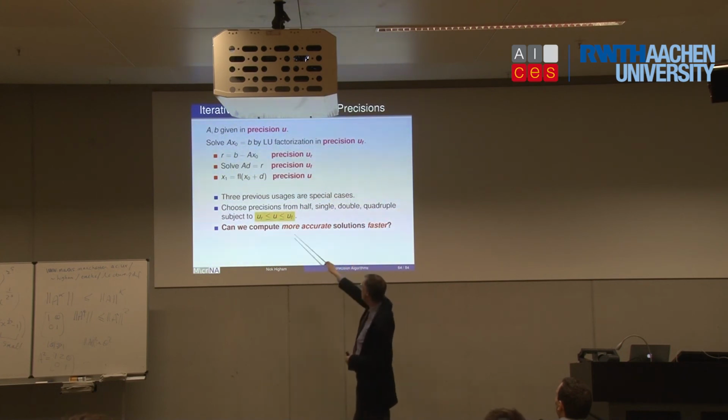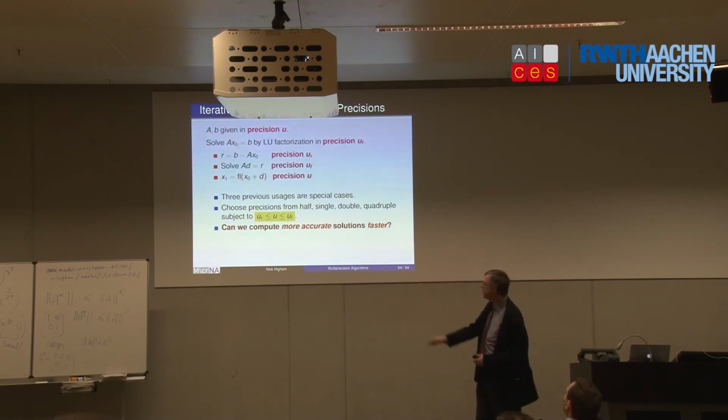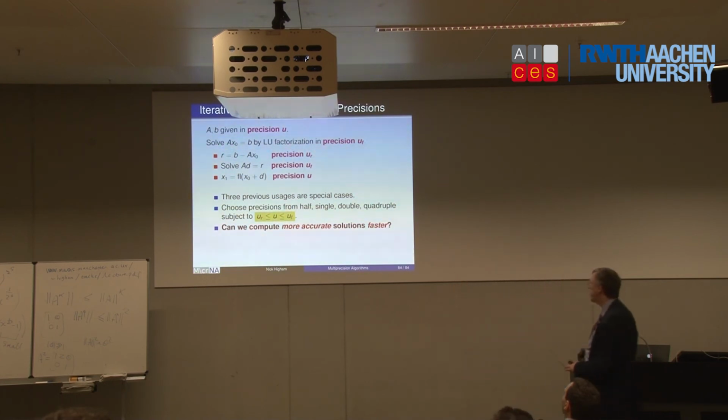And u_r is the precision at which I compute the residuals. So 3 different precisions satisfying that inequality. All the previous examples are special cases of this. And the question is, can we somehow choose these 3 precisions to get a faster and maybe more accurate algorithm? I'm thinking of the precisions I choose from as being half, single, double, and quad.